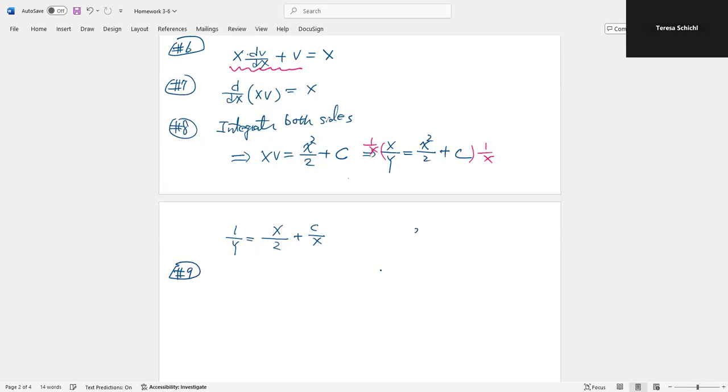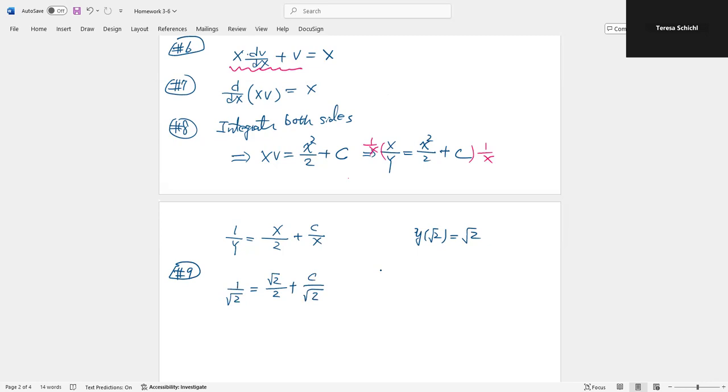So 1 over y, this is 1 over square root of 2, is equal to x over 2, so it's square root of 2 over 2, plus c times square root of 2.